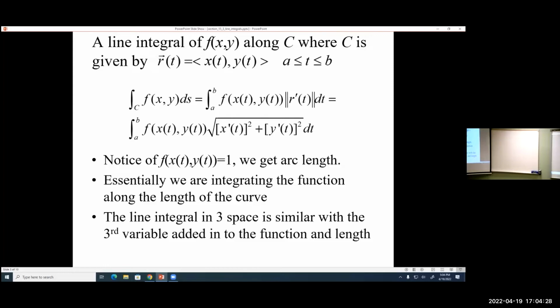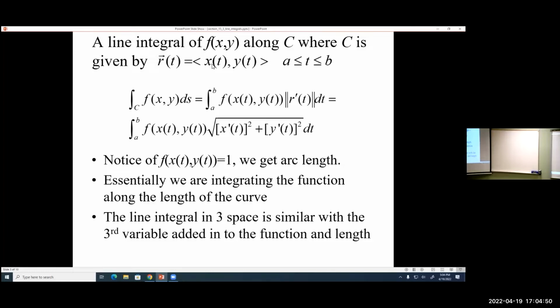So I think you're going to find these easy to do, because all we have to do are two things. If we don't already have the parameterization for the curve, we might have to find it. But if we have the parameterization, all we do is plug in what x and y are in terms of t into our function.